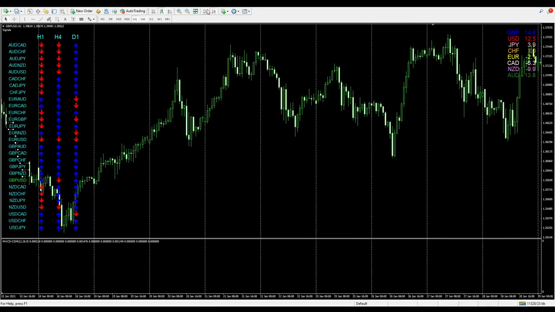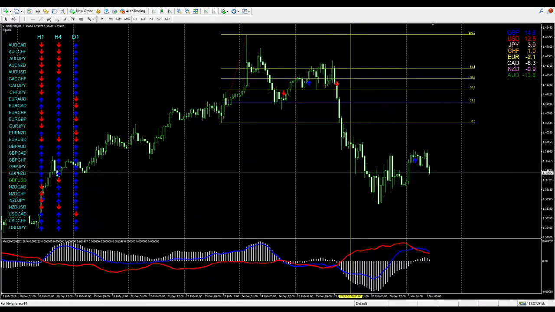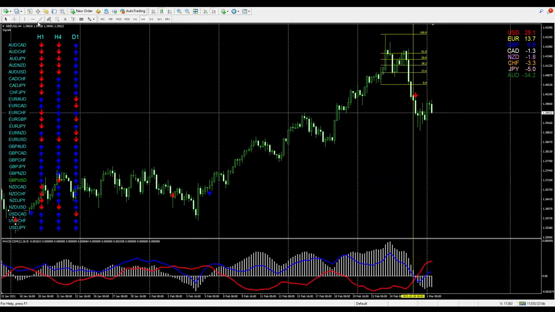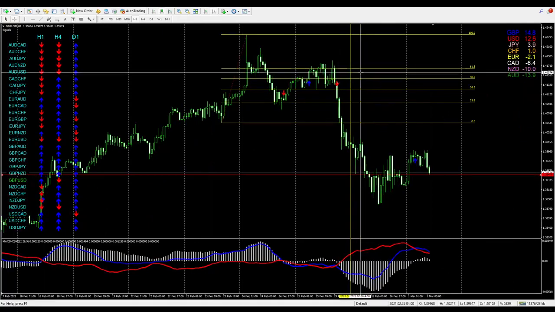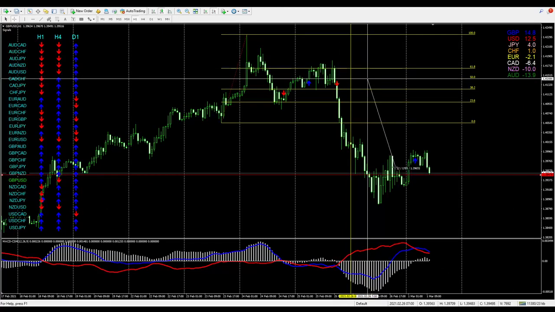Yes, H4, H1. So as of now, if we entered last week on GBP USD, actually, let's check the H4, which is the exit, which is around here. Yes. So on H1, we would be negative here, which is almost 200 pips for GBP USD.